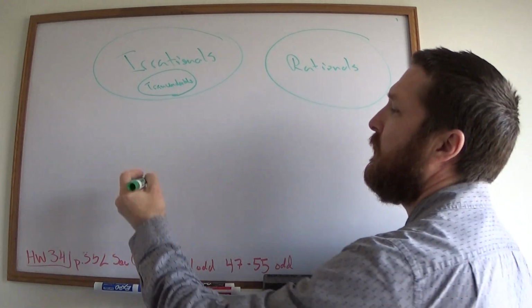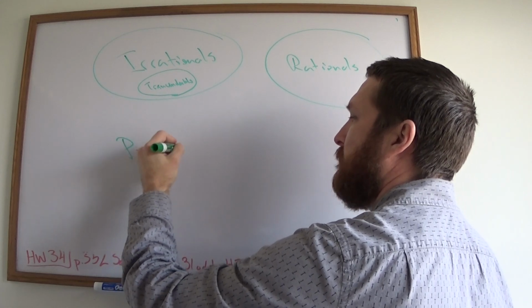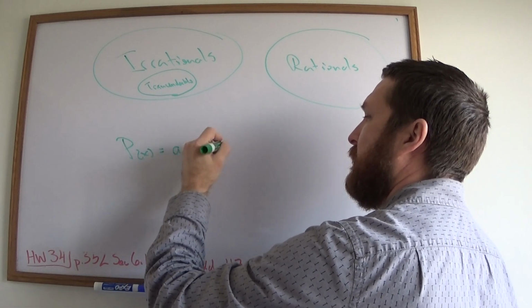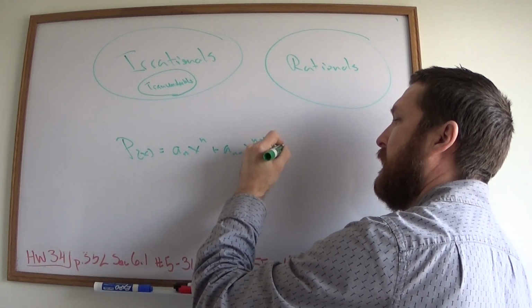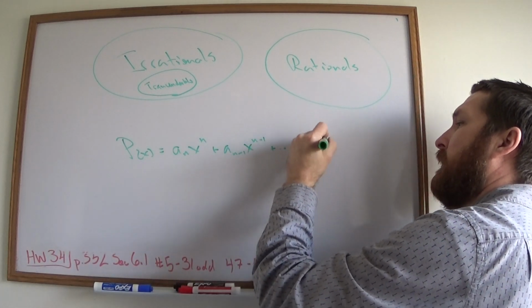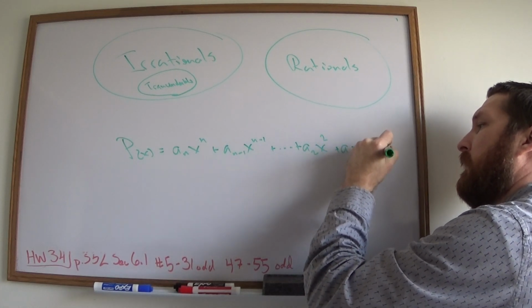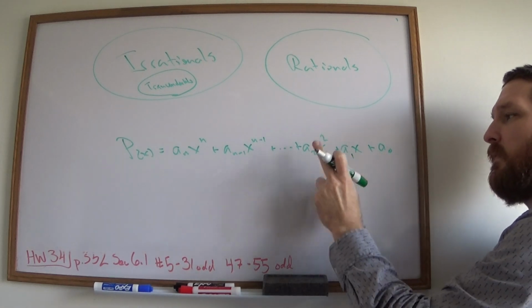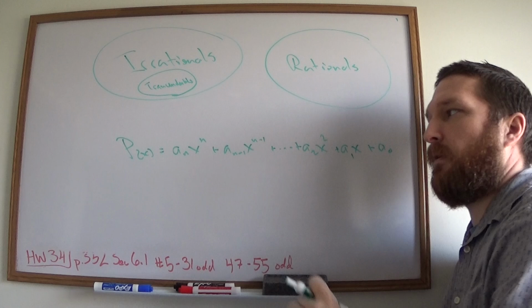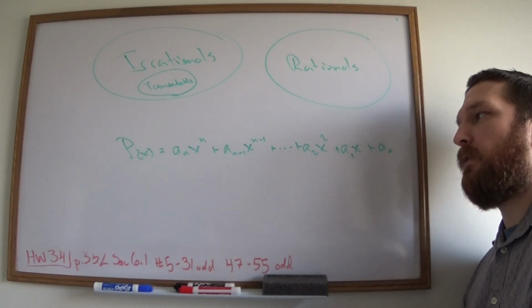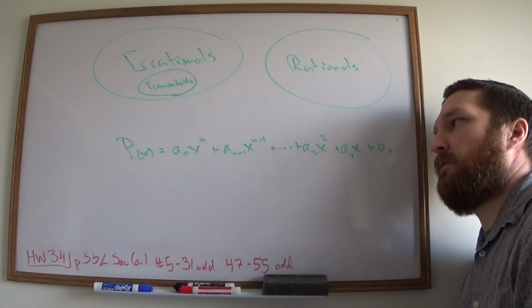So, basically, you give me any polynomial, where all of the coefficients are rational numbers.